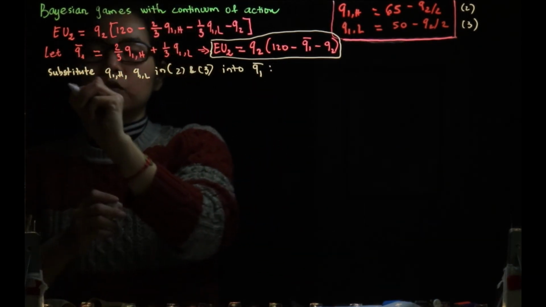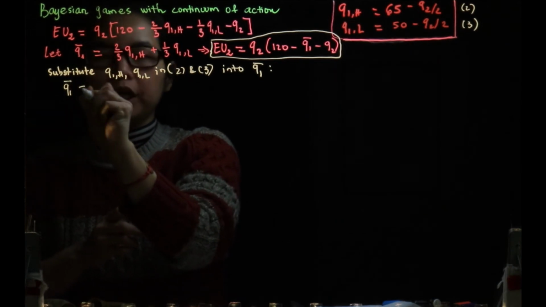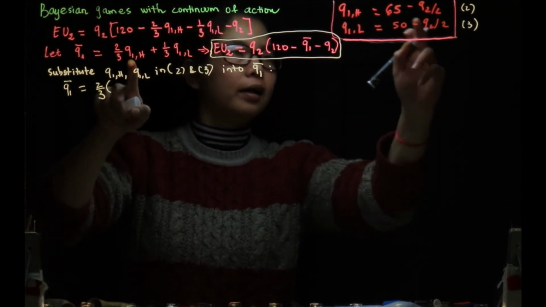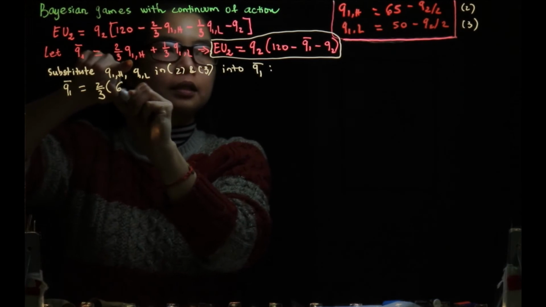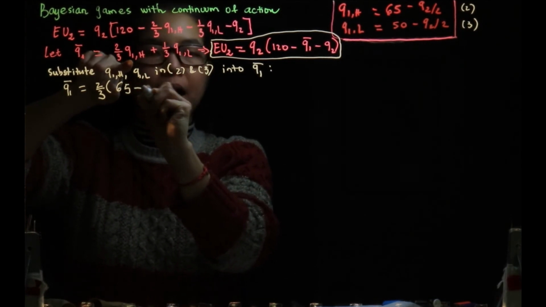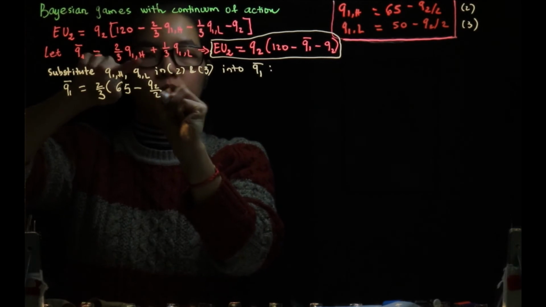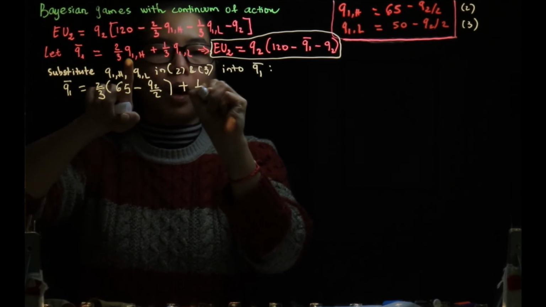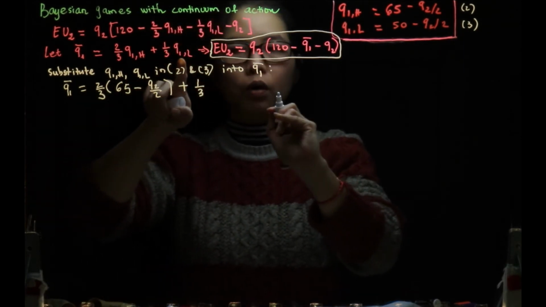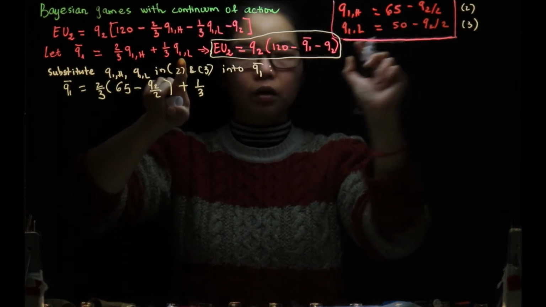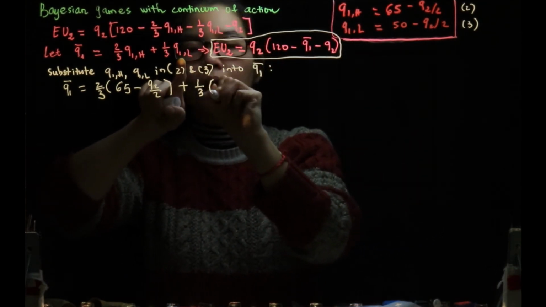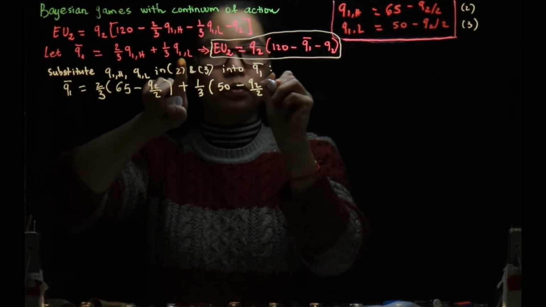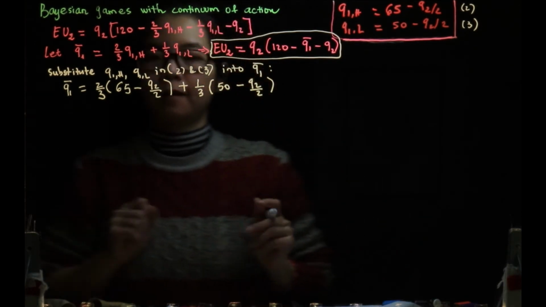Okay, so we have Q1 bar equals 2/3 times Q1 high, which is 65 minus Q2 over 2, that is Q1 high, plus 1/3 of Q1 low. What is Q1 low? Substitute in 50 minus Q2 over 2. Right? And simplify it.